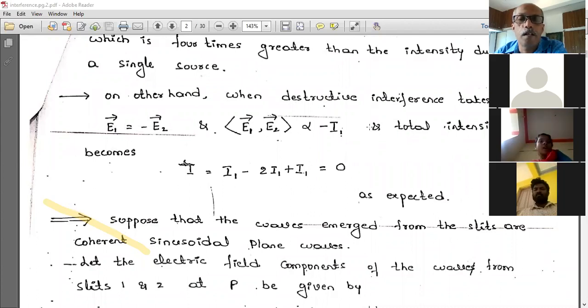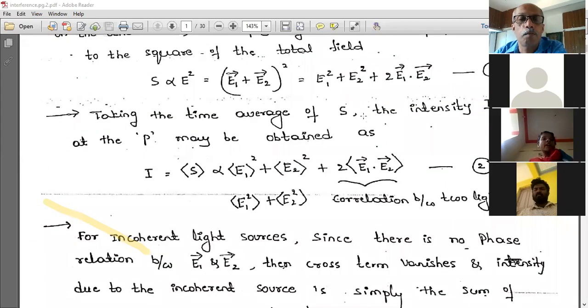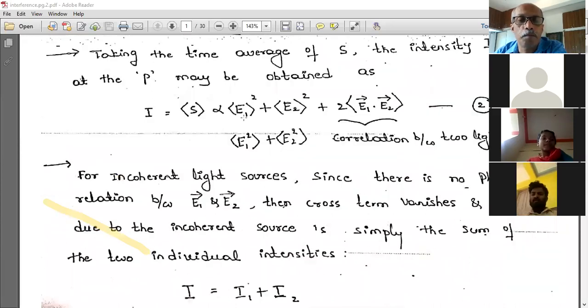If that is the case, this relation becomes E1 square plus minus E1 whole square, therefore it also becomes E1 square. And here it is E1 into minus E1, or the scalar product.